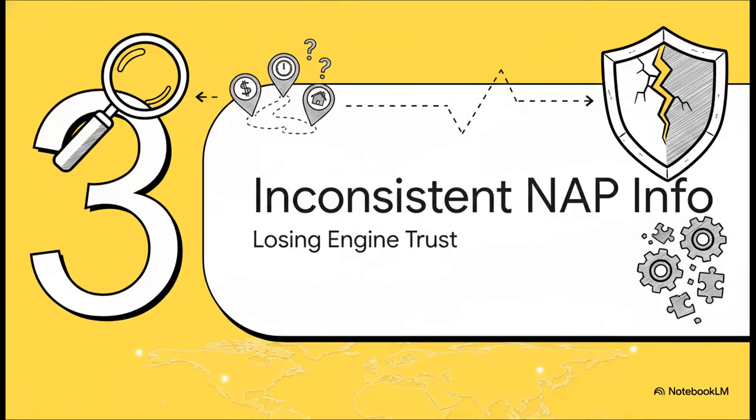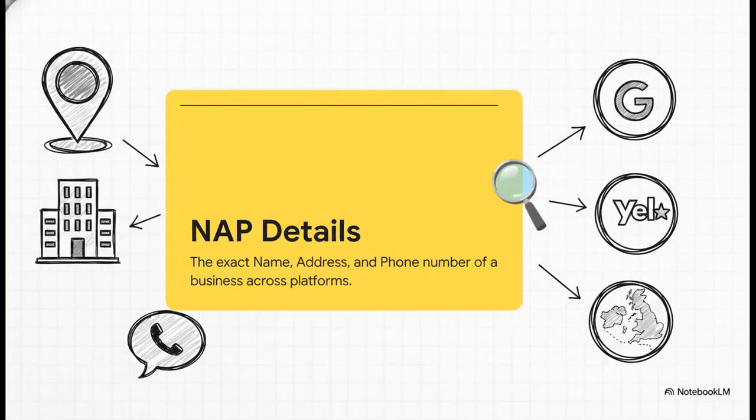Okay, on to Section 3, inconsistent business information. Now, as marketers, we've all heard of NAP, right? Name, address, and phone number. But the trap here isn't just knowing what the acronym stands for. It's realizing that search engines demand absolute perfection here. A single mismatched digit, or even just a slightly different spelling across Yelp, Google, or your regional directories, that instantly fractures your authority.